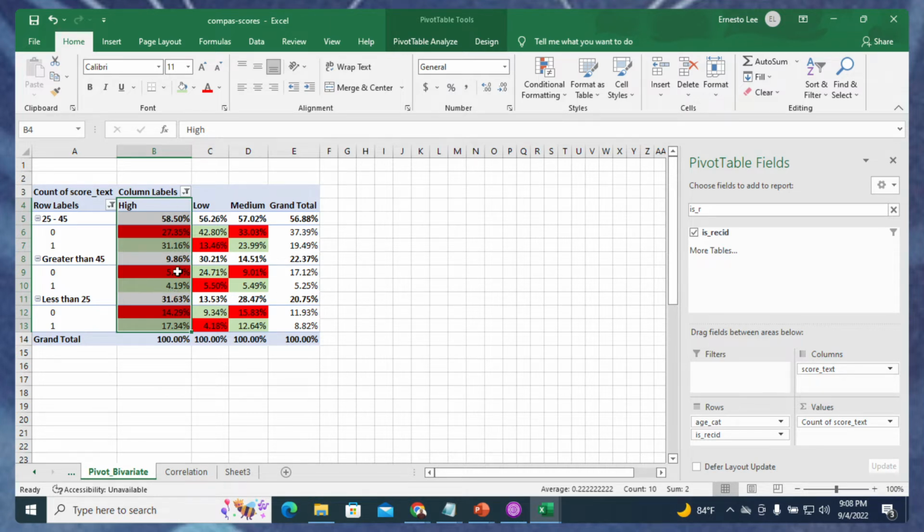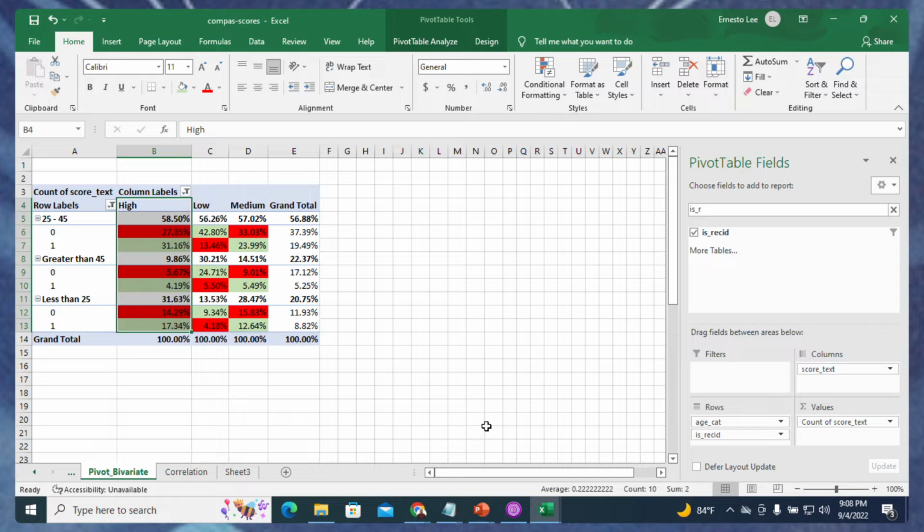And see, just in terms of when the algorithm predicted high, how many times did the algorithm get it correct? High, again, means a high degree of confidence that whoever was arrested would commit a crime if they were released. And if you look there, you can see that the algorithm was wrong 27% of the time.